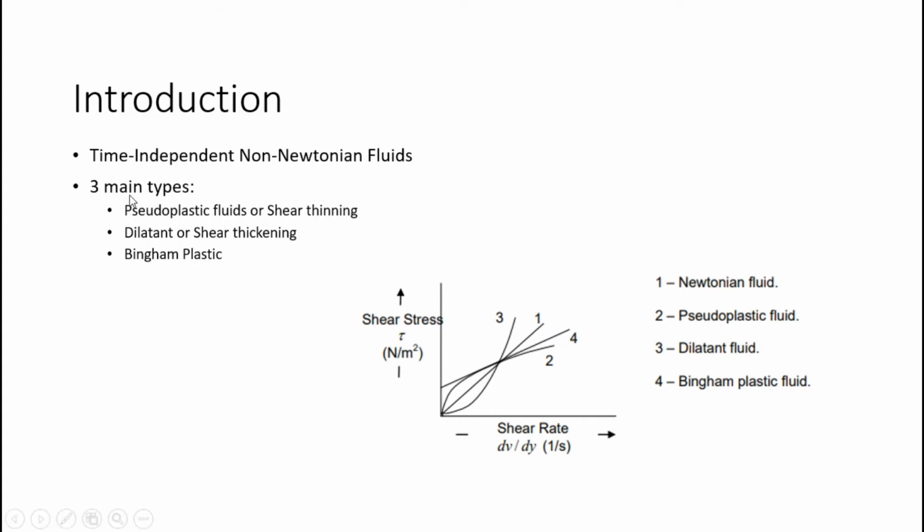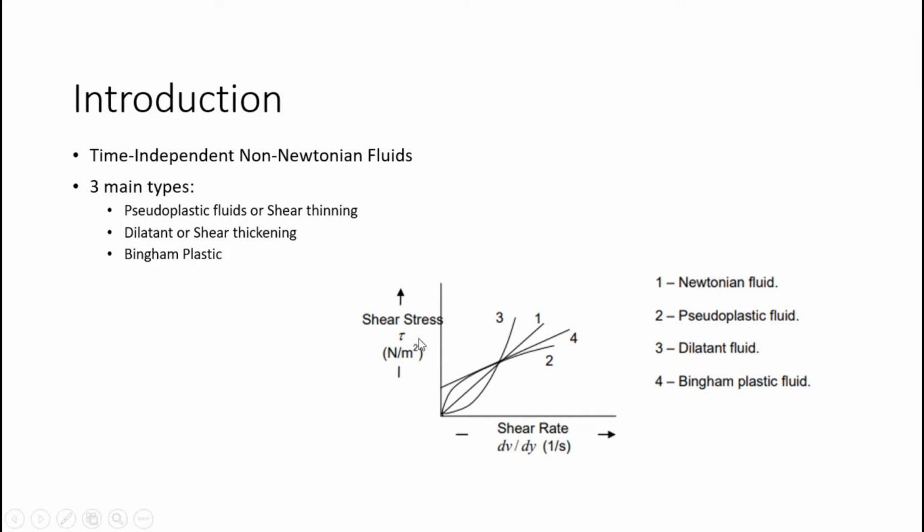One of them, as you can see, is the set of plastic fluids or shear thinning, dilatant or shear thickening, and Bingham plastic. So the plastic fluids or shear thinning fluids are those where apparent viscosity decreases with the increasing of shear rate.